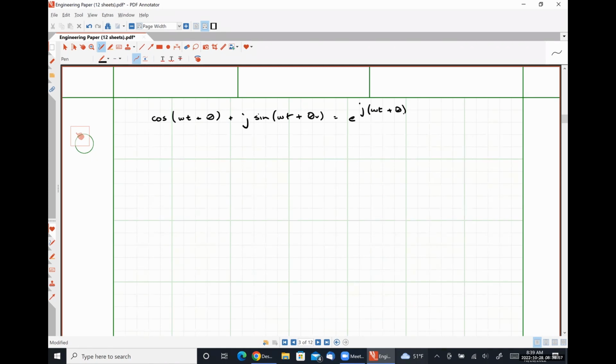We can arbitrarily scale this by a constant, right? So we could say a cosine omega t plus j a sine omega t is equal to a e to the j omega t. So the magnitude information is carried along as well. So this is what Euler's identity is.